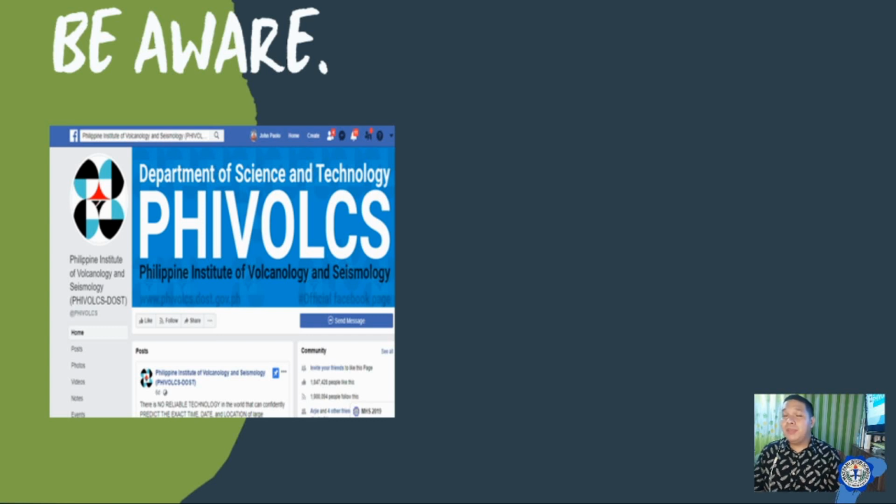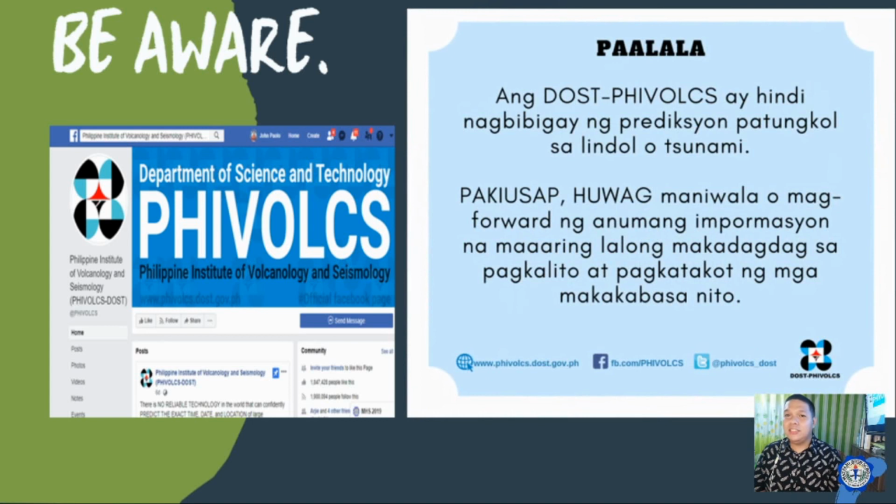As we all know, because of the different series of earthquakes that happened in our country in the past weeks, there is a lot of fake news circulating, like a technology that can sense whether an earthquake will happen in a certain location or not. And here is the reminder.